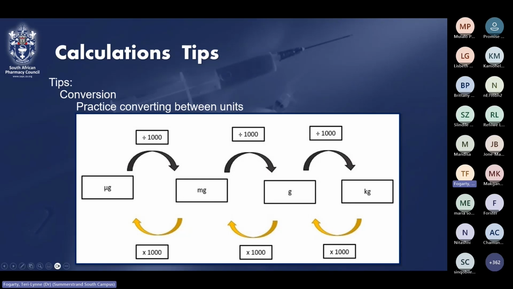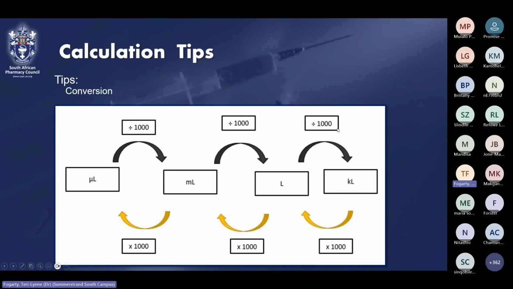And the similar principle applies for liquids. We use a lot of milliliters and liters. So how many milliliters in a liter? If we convert a liter to milliliters, then we're going to multiply. So when we go from the larger unit to the smaller unit, you multiply.